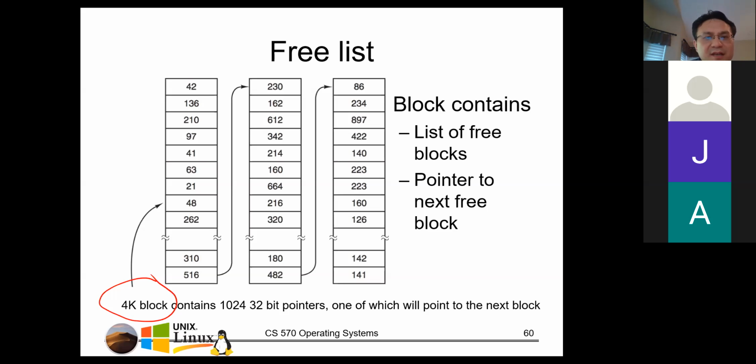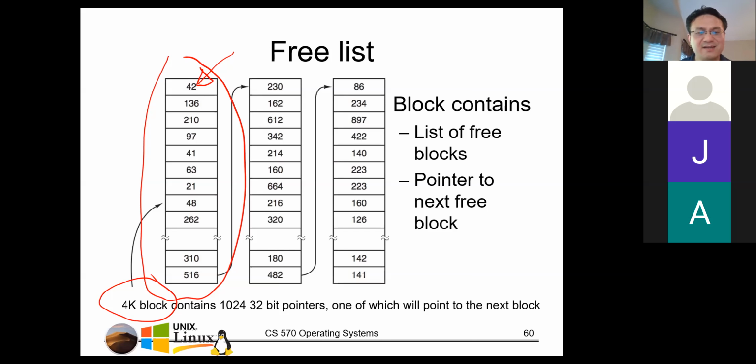Now in the linked list case, this is essentially a list of pointers to the free blocks. Each entry of the linked list points to a consecutive block of free space on the disk.